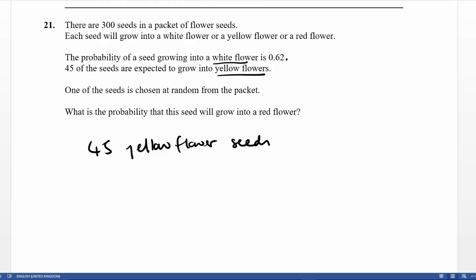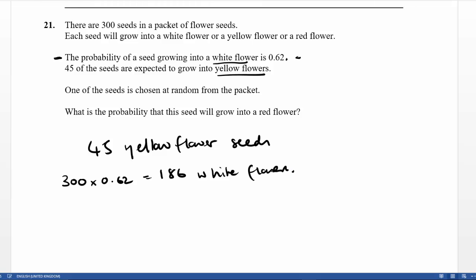So if I was to do 300 multiplied by 0.62, let's do that on our calculator and see what we get. That gives me 186, because this is where it's coming from here, white flowers.